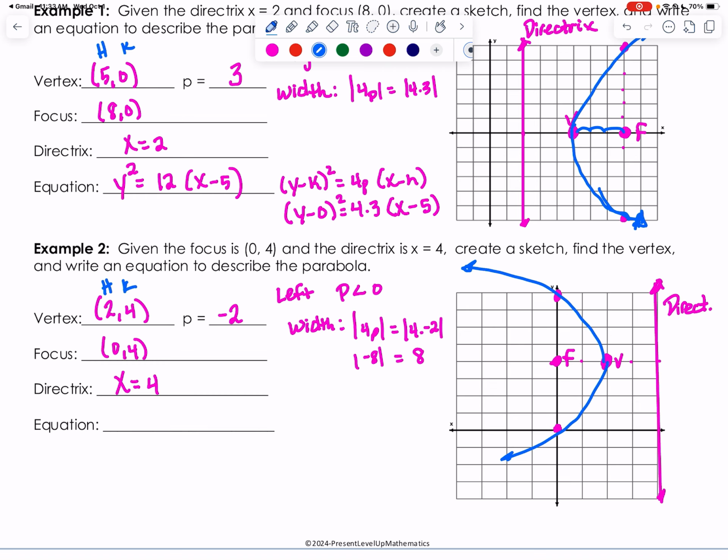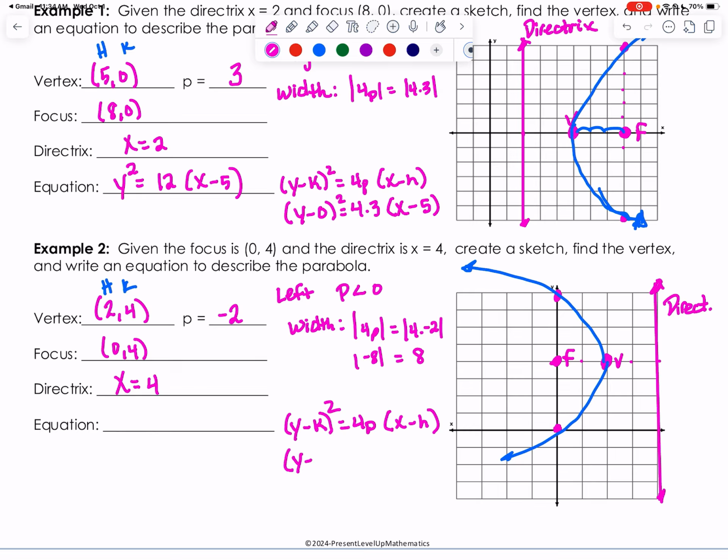Now, the last thing we're supposed to do is write the equation for this blue parabola. So I want to write down my general formula. My general formula for parabolas that open left or right is y minus k, quantity squared, equals 4 times p, parenthesis x minus h. All right, so let's plug in everything we know.